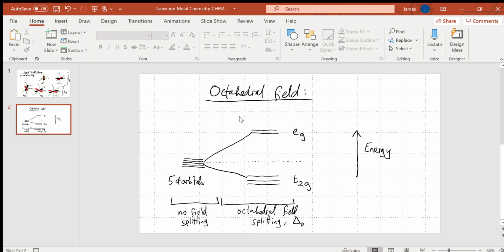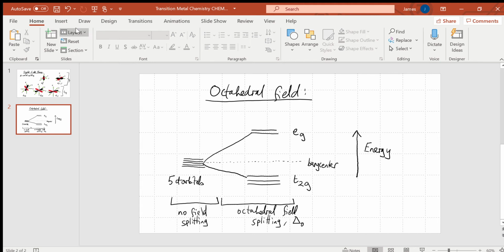We'll call this energy level here the barycenter. This is the original barycenter. So the EG level is higher energy than the barycenter, and the T2G level is lower energy than the barycenter.